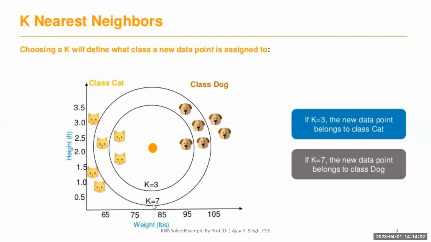But the moment I increase the value of K to 7, now 7 data points are there: 1, 2, 3, 4, 5, 6, 7. In this particular circle, we see that this image has changed from cat to dog. Now the majority belongs to dog.